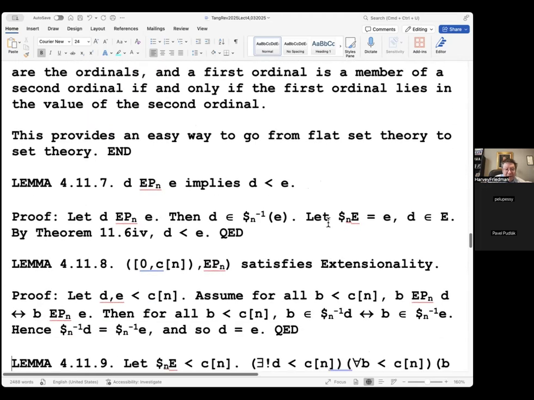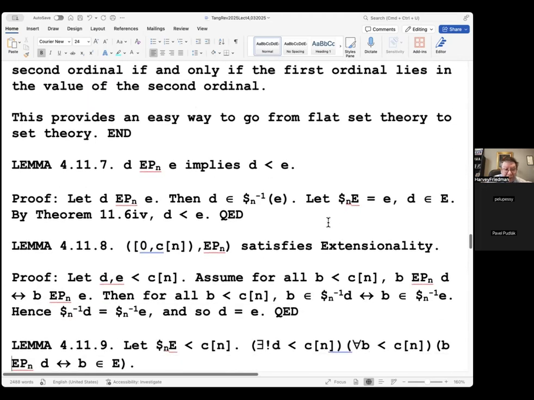All right. Well, one thing we need that's important and useful is that if D ∈ E, then D is less than E. And this comes out of one of the things that we did in the setup that we already had in the hypotheses.